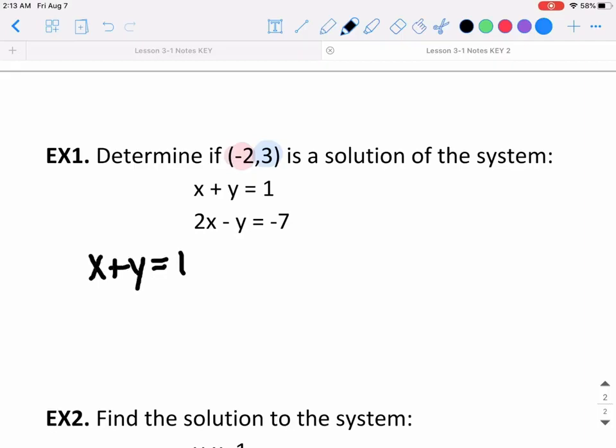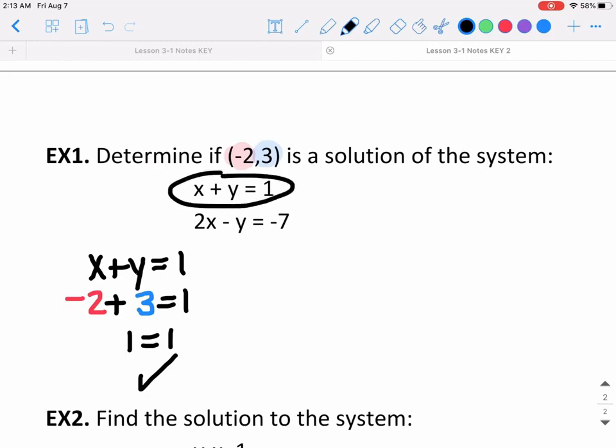So I'm plugging in x is negative 2, y is 3, and if I add those together, it should be equal to 1. Well, negative 2 plus 3 is 1, so 1 is equal to 1 is the equation I get, and that is correct. So negative 2 comma 3 works for my first equation.